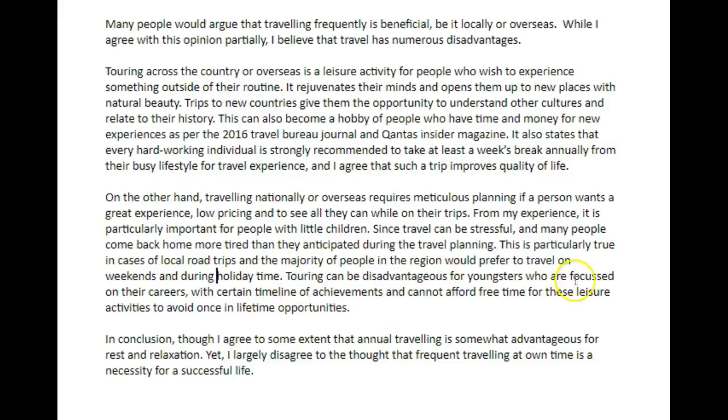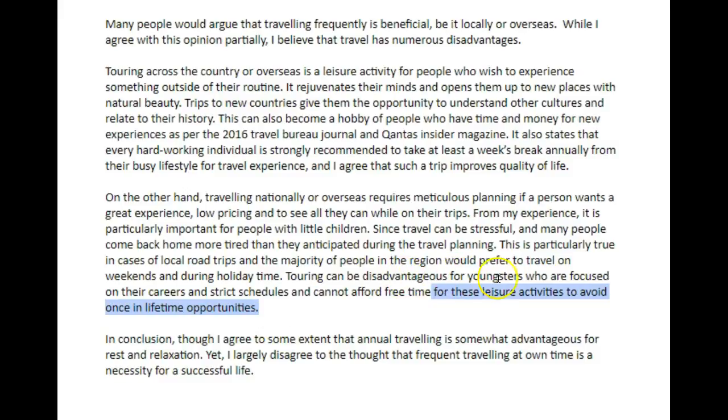Touring can be disadvantageous for youngsters who are focused on their careers. Single S there. I would say here, I'm not quite sure how this follows.